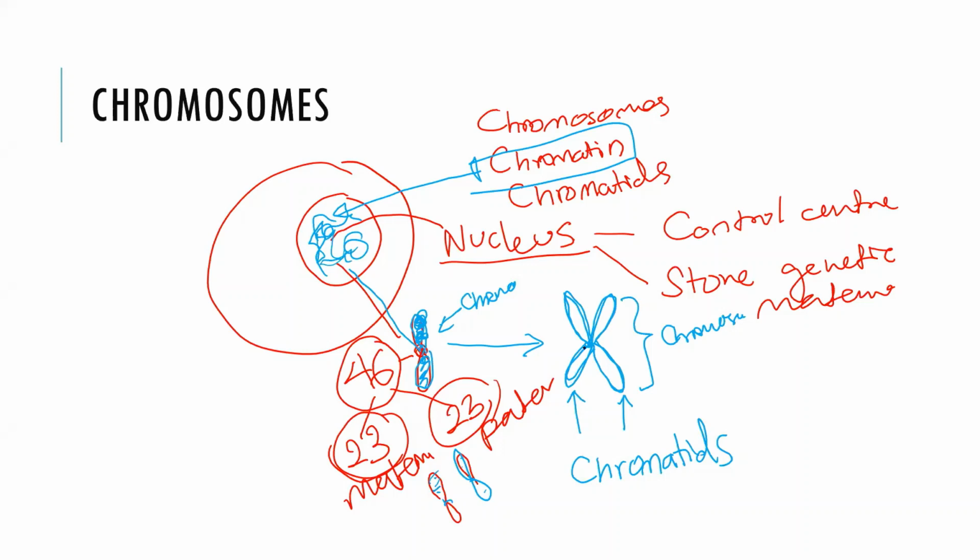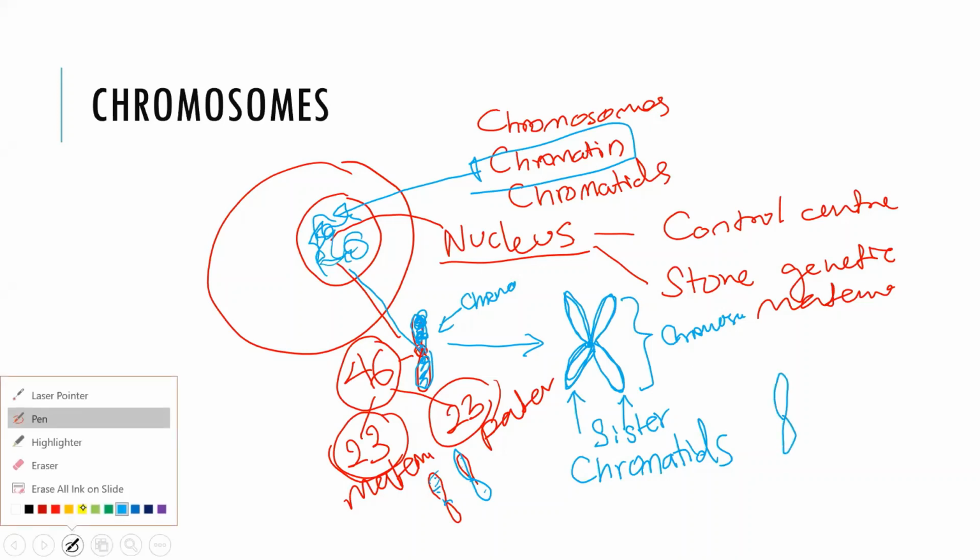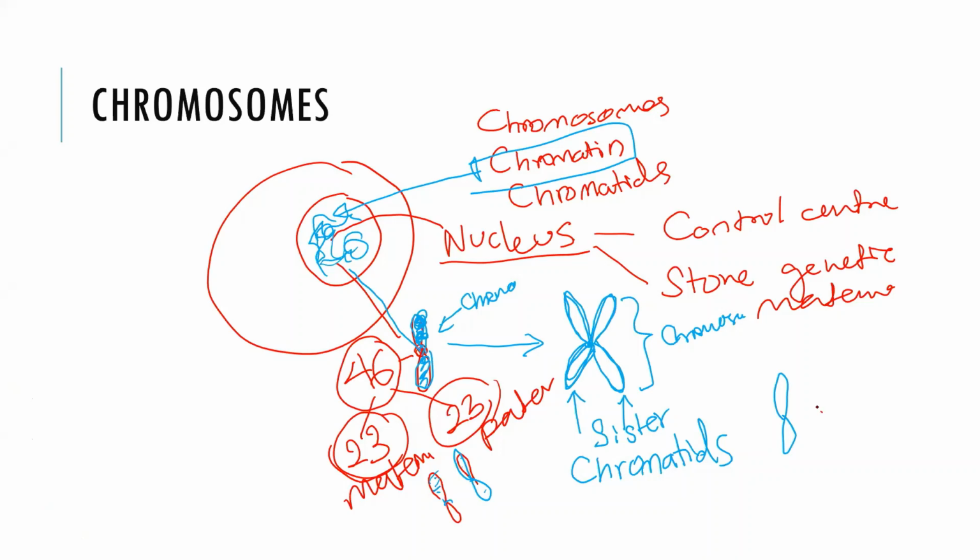The chromatids of the same chromosome are called sister chromatids. And another thing, you have a paternal chromosome and a similar maternal chromosome. These similar chromosomes are called homologous chromosomes.